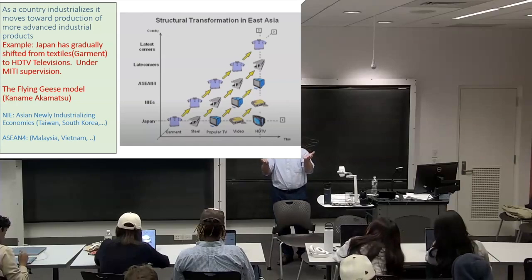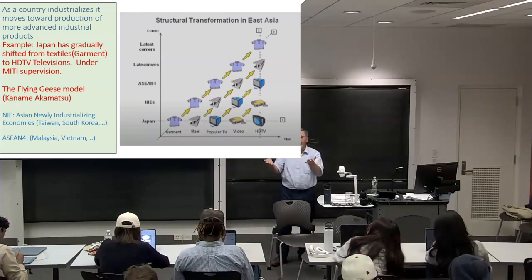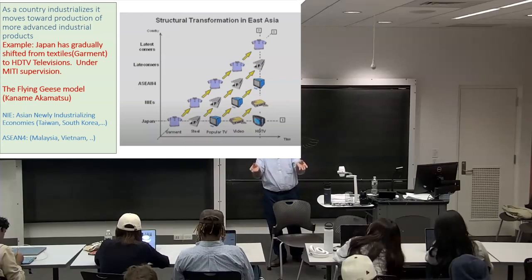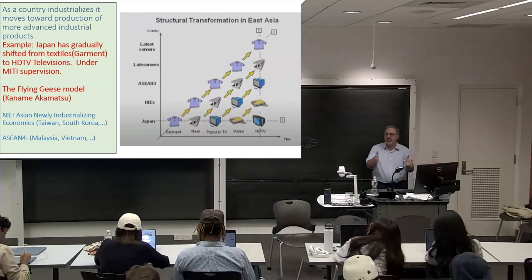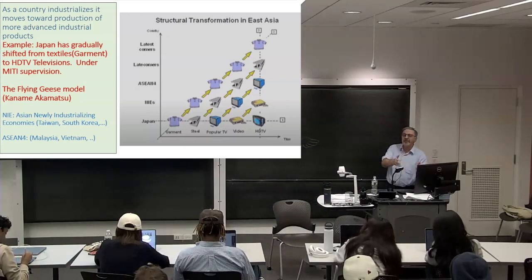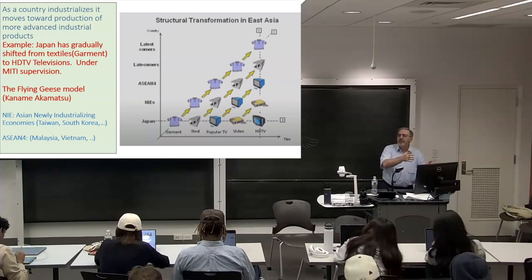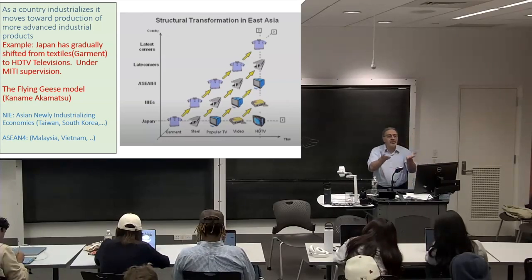You can't do that if you are producing something that is labor intensive and the wages of the labor are low. So what governments do is to help the private sector industry transition, invest in new products which are more advanced and allow the wages to be higher.